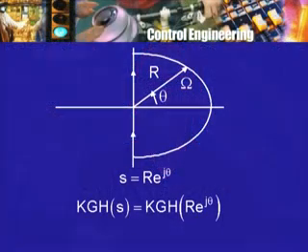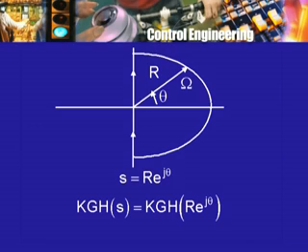Now, on this part of the contour I can say that the complex number s is given by what? In polar form, r e raised to j theta, where r is the radius of the semicircle, and theta is the angle or the argument of a point on it. Here is r. Of course, I had called this omega, so instead of r you can think of omega. So the complex number s along this semicircle is simply omega e raised to j theta.